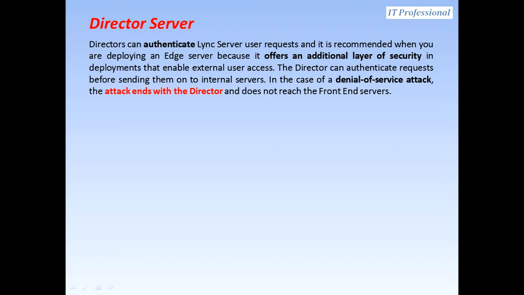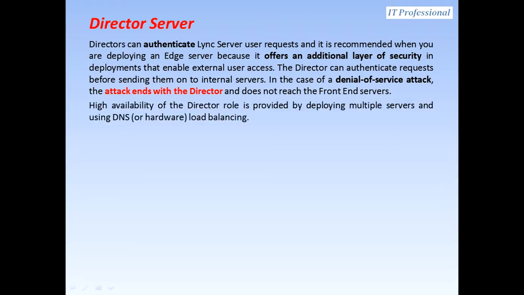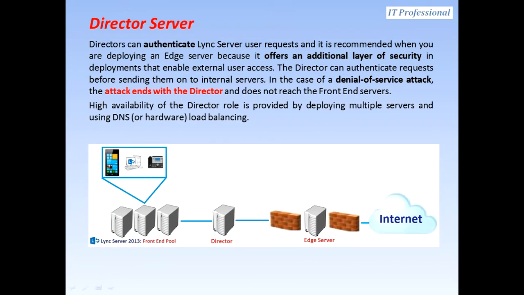Again, now we are talking about the director server. Directors can authenticate Lync server user requests, and it is recommended when you are deploying an Edge server because it offers an additional layer of security. In deployments that enable external user access, the director can authenticate requests before sending them on to internal servers.